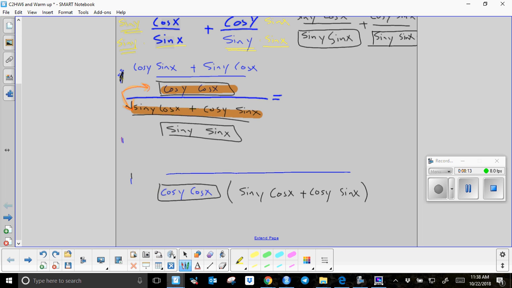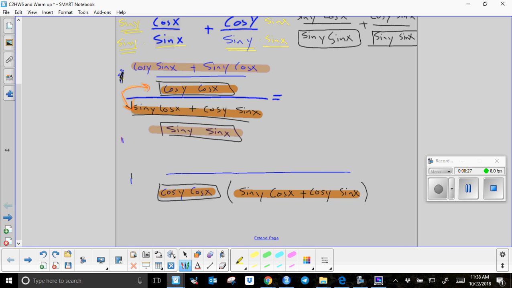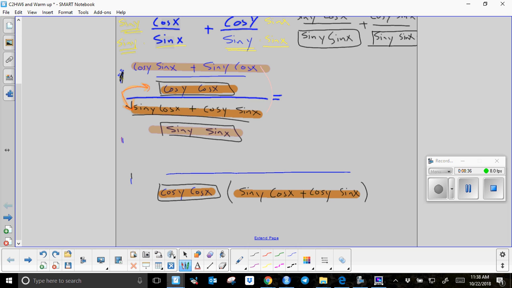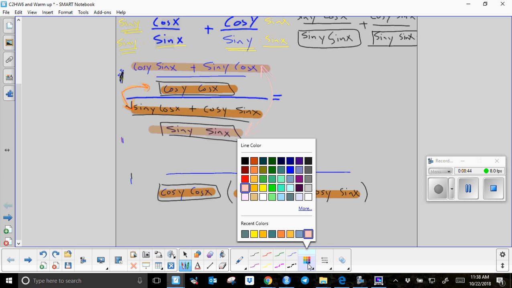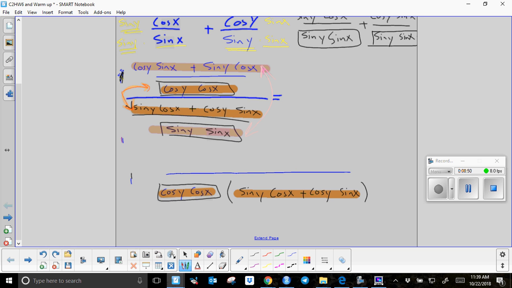This multiplied by this became this multiplied by this, if it helps. Now I'm going to multiply this whole thing by this whole thing, right? Far times far. That multiplied by that, and it goes on the top.